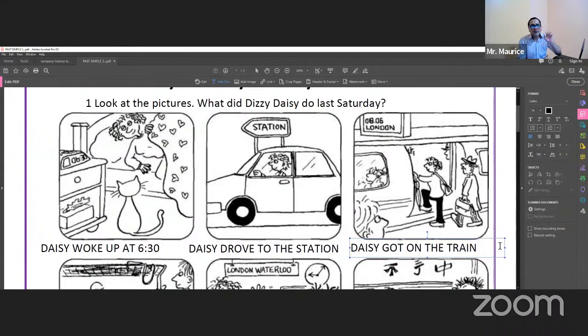I have described 3 different pictures in the simple past. En el pasado simple. Number 1, Daisy woke up at 6:30. Number 2, Daisy drove to the station. And number 3, Daisy got on the train.